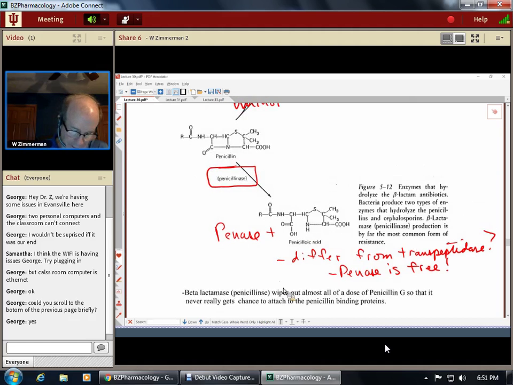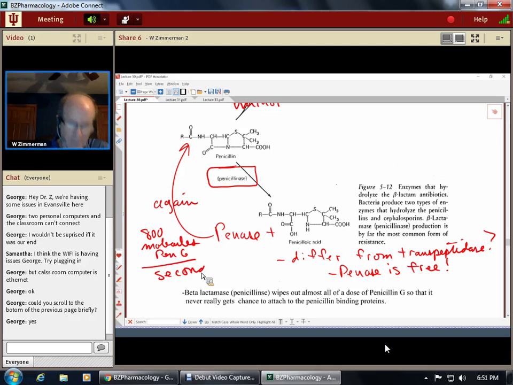And of course the penicillinase is going to go and do this again, and again, and again, and again. A molecule of penicillinase can do 800 molecules of Pen-G in a second. Unbelievable.